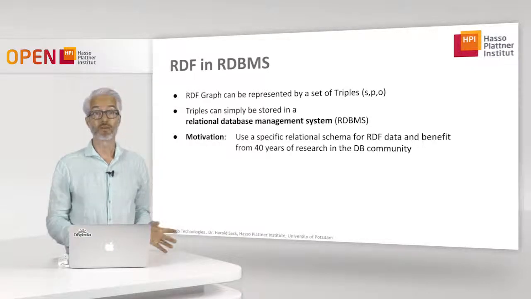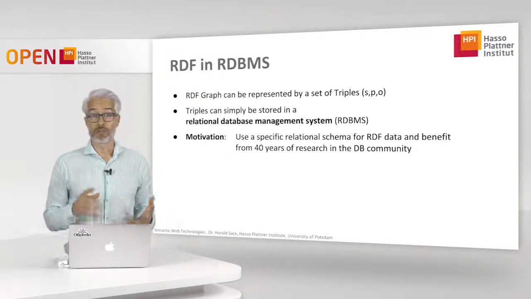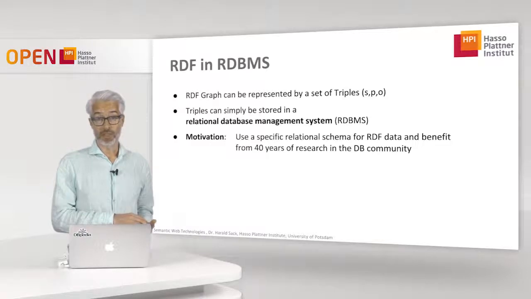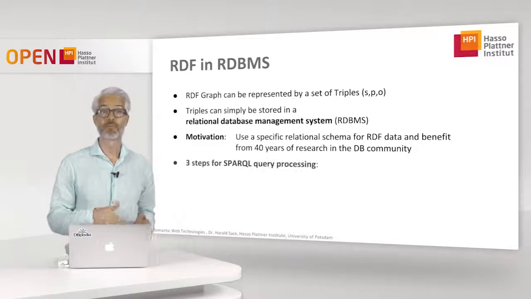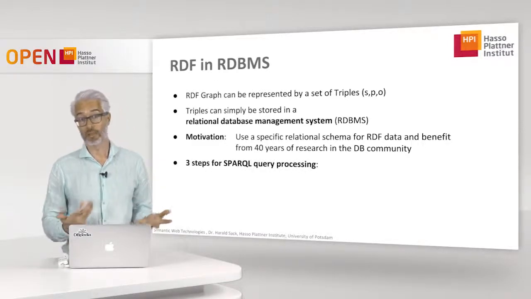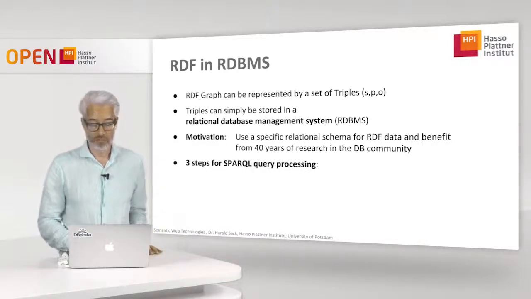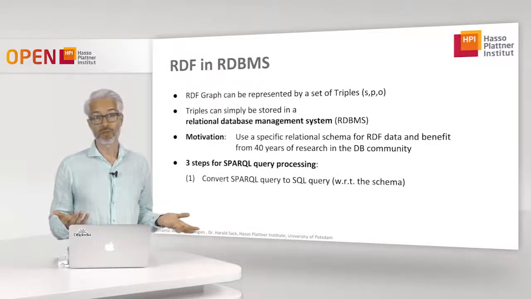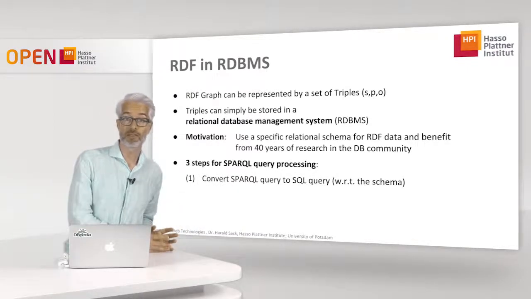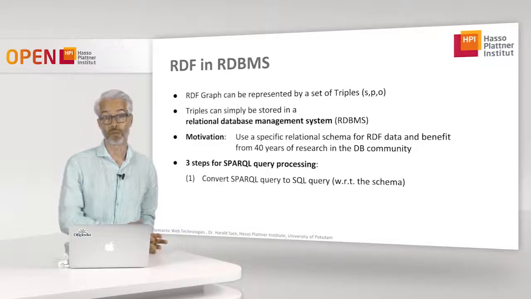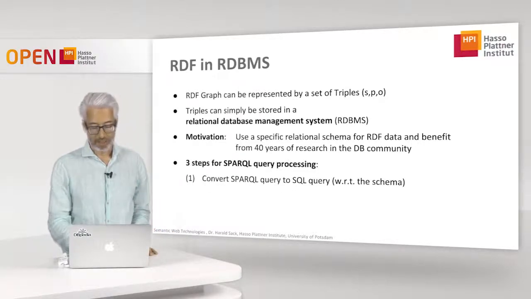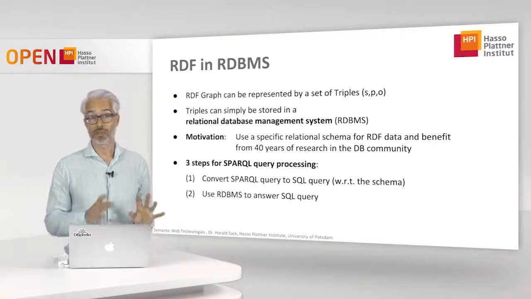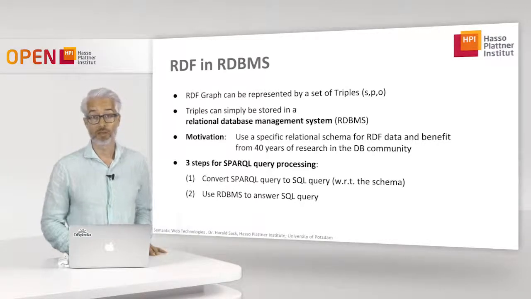If I want to query a relational database management system where I have stored triples, of course, SPARQL must be processed in a more complex way. The first step should be to convert my SPARQL query into a SQL query, according to the schema that I'm using here. Then this SQL query should be carried out on the RDBMS.